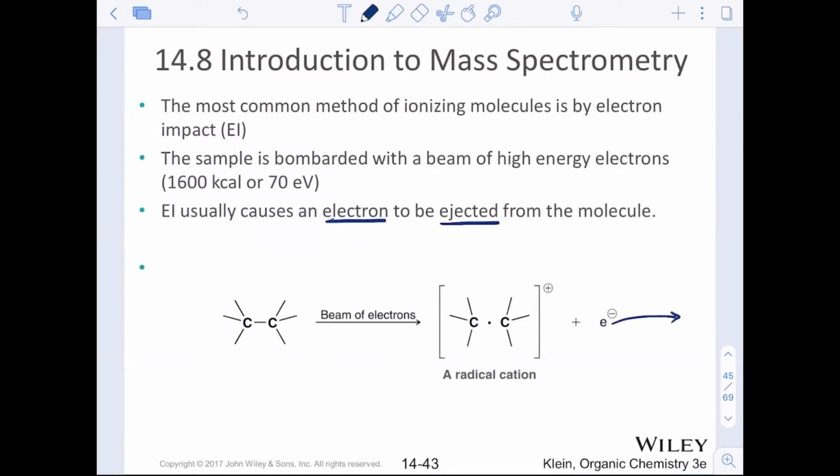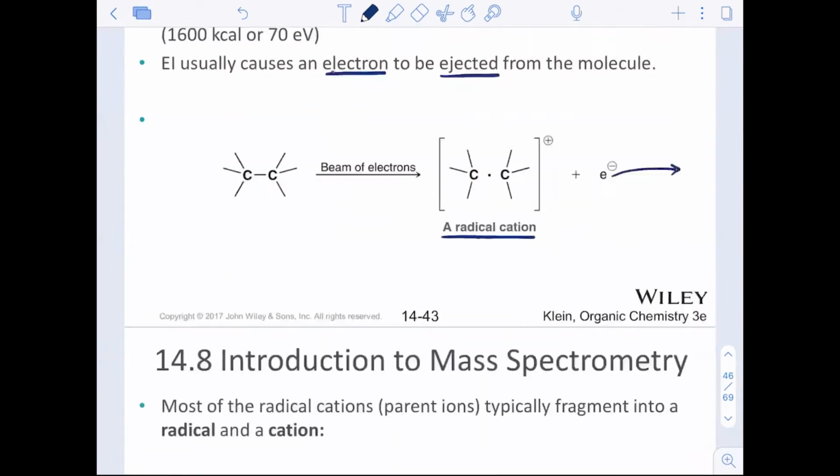Now the compound is a radical cation, and this is where our molecule will be detected. It has to be ionized, and when that electron gets lost, we are losing one electron, right? And that one electron leaves behind a radical cation.